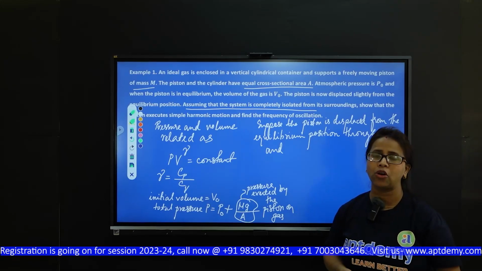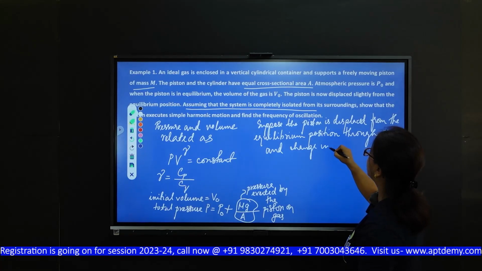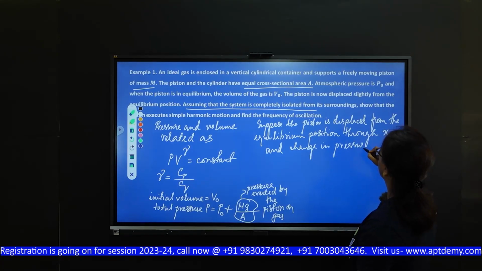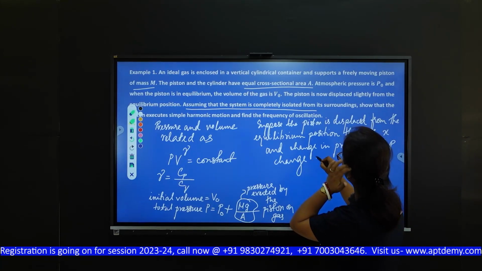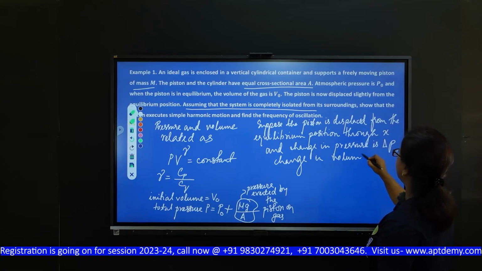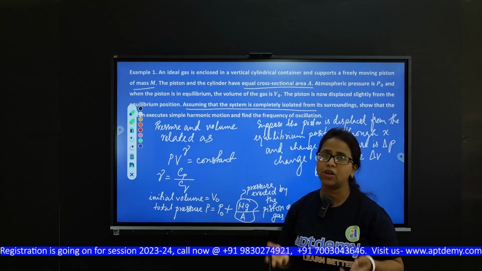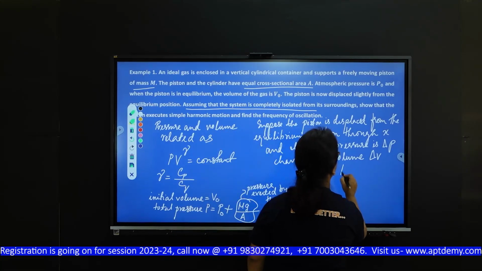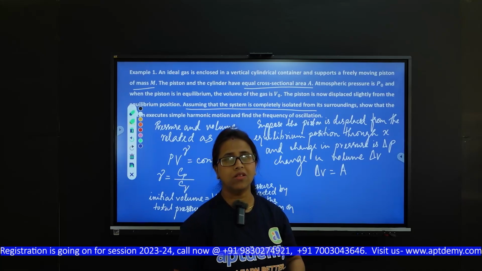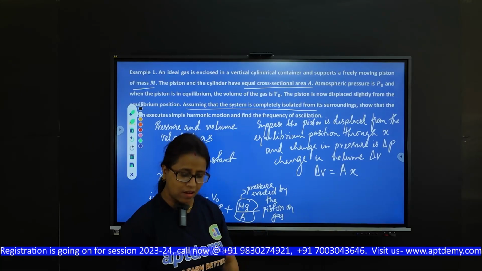Both the pressure and the volume will change. So let us assume that the change in pressure is delta P, while the change in volume is given by delta V. And we know what delta V is. The change in volume is nothing but area times the thickness. So the area here is A and the displacement of the piston is x. So this is the value of delta V.